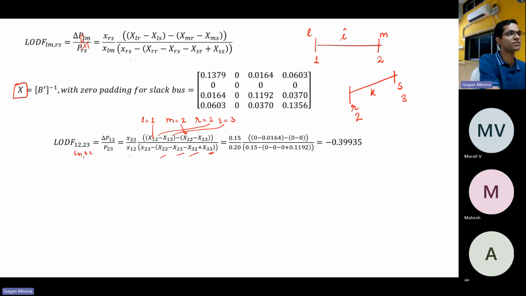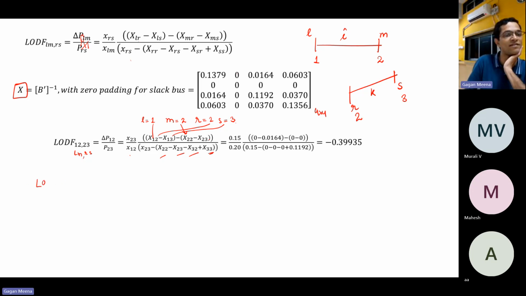And x22 and x23 are 0. Capital X is a 4 cross 4 matrix, right? This is capital X. After introducing these 0 elements for the slack bus, it's a 4 cross 4.